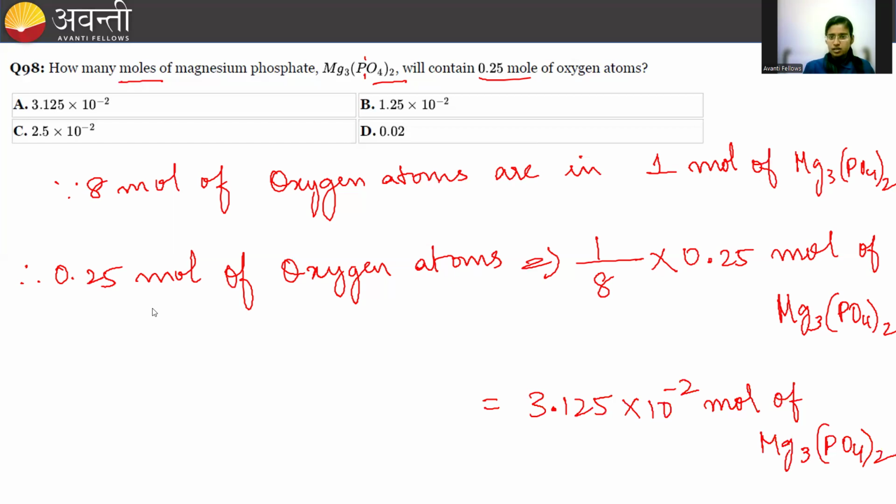Are you getting? Then the same way for other atoms also. Clear? For magnesium, it is 3, 1 by 3 into 0.25. So according to the moles of the corresponding atoms, we have to get it by doing the cross multiplication like this. Got it? It's very easy only.